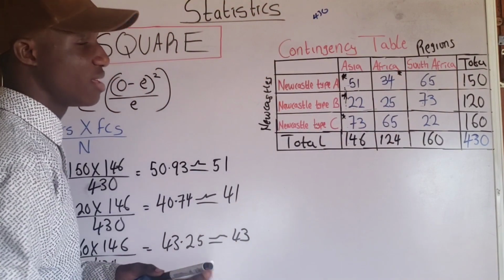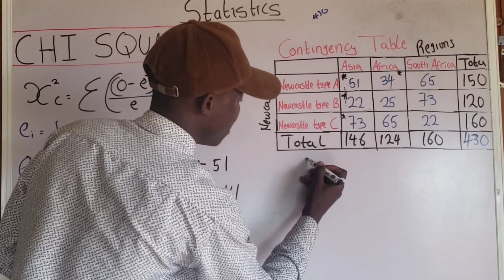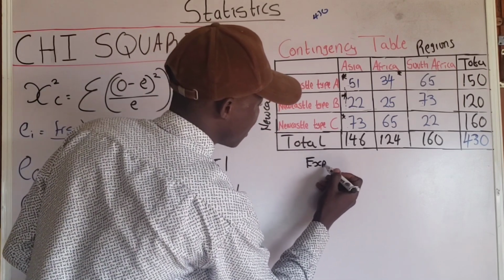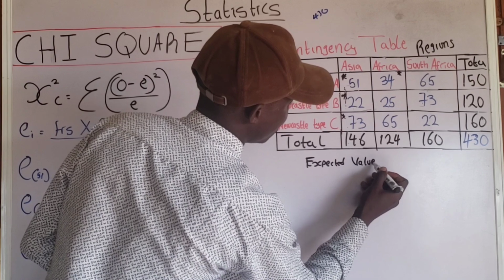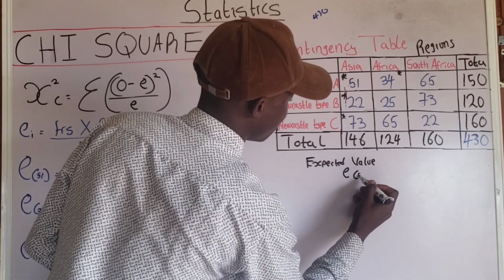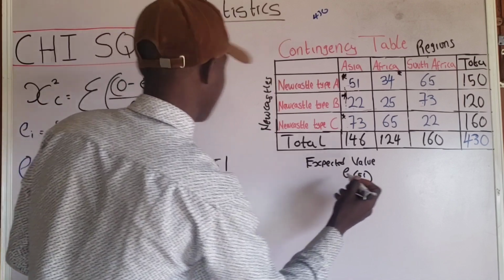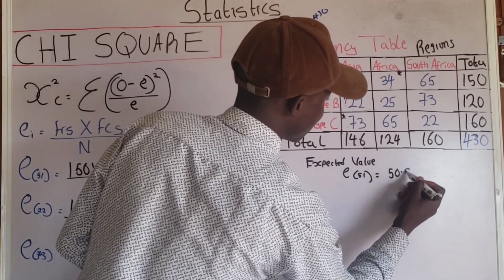Maybe I should quickly prepare another table for the expected value. The expected value of 51 is 50.93.